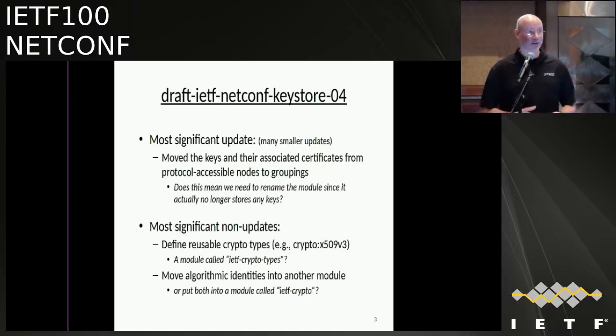I mean, we wouldn't put them into a module called crypto types because that's, I think, only supposed to have types or type defs in them, not identities. So then maybe we'd have a more generic module called something like IETF crypto, which would have both type defs and identities. That's not necessarily answering the question of what the name of this module should be, but it is suggesting that we should move some of this information out of this module into others.